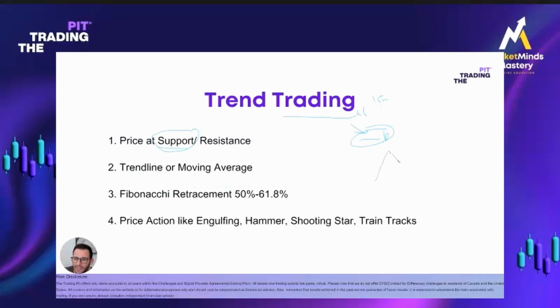Usually the markets move in a nice sequence. When they trend, you have a high that is higher than the previous one, so we have a higher high, and then you also have a low that is higher than the previous one, so you have higher highs and higher lows.